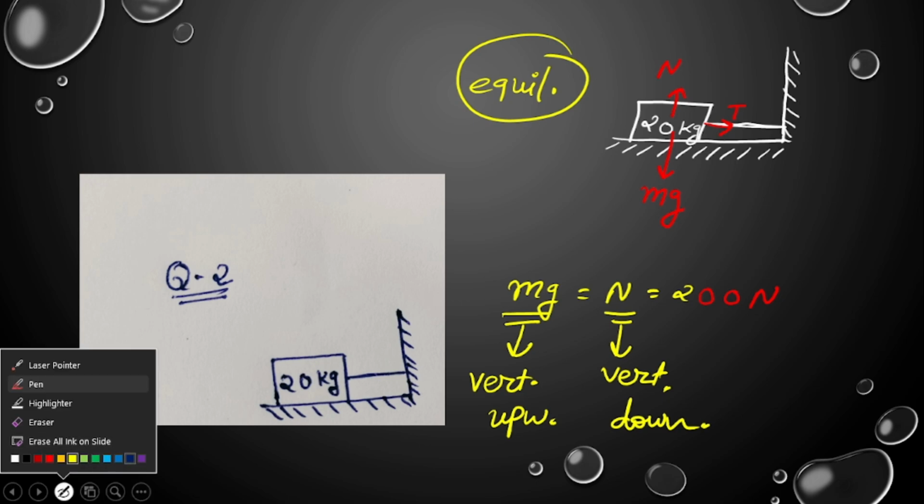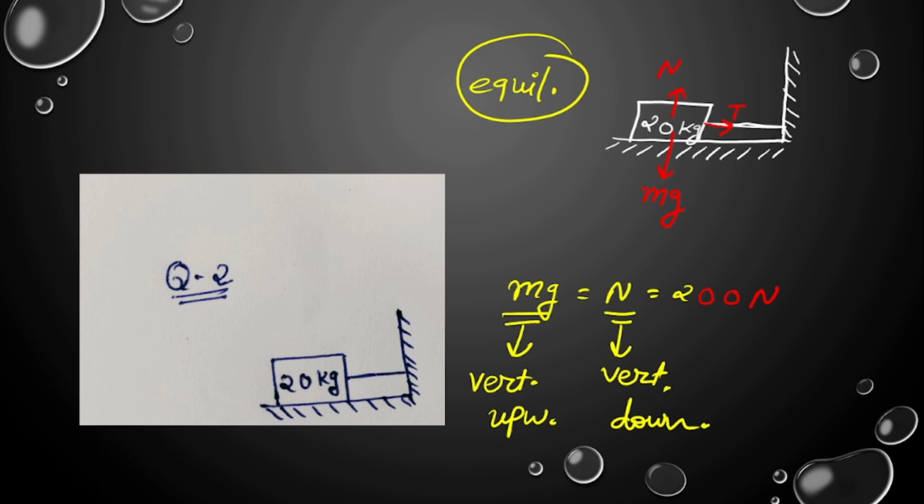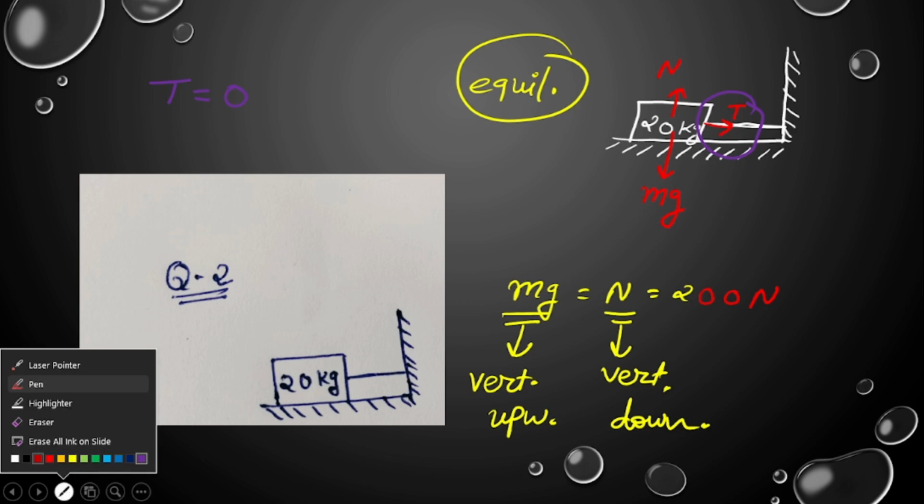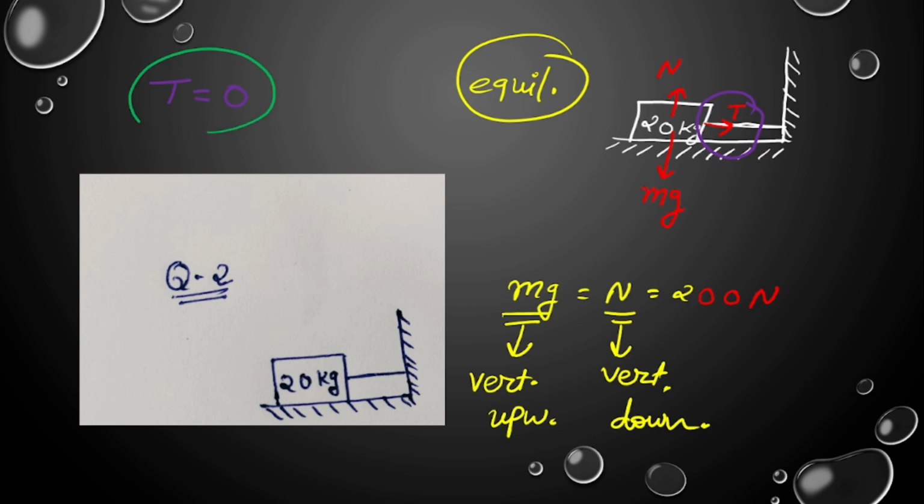And as we all know that the block is in equilibrium, so tension T will be 0. Why? Because there is no other force to overcome it.